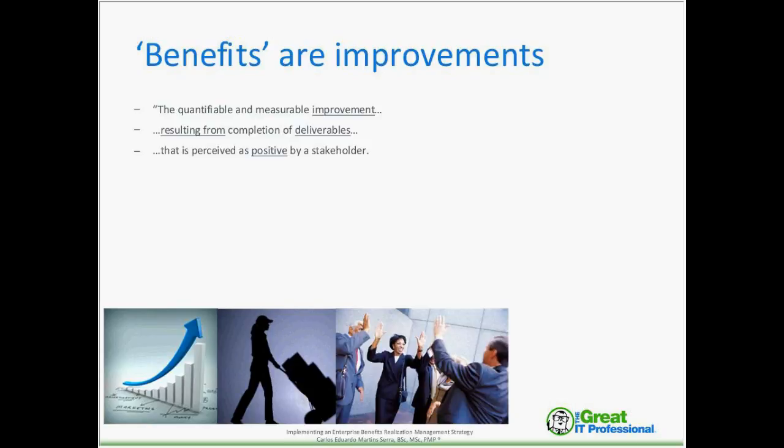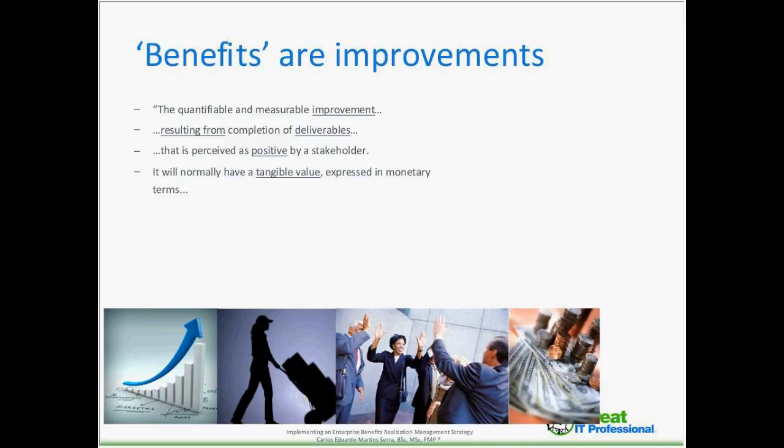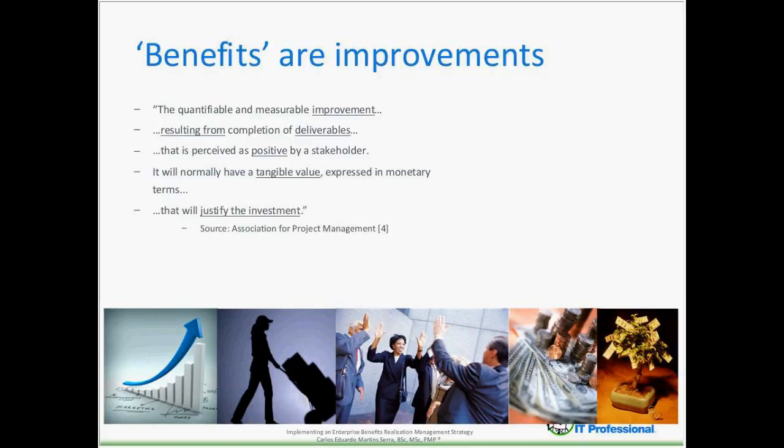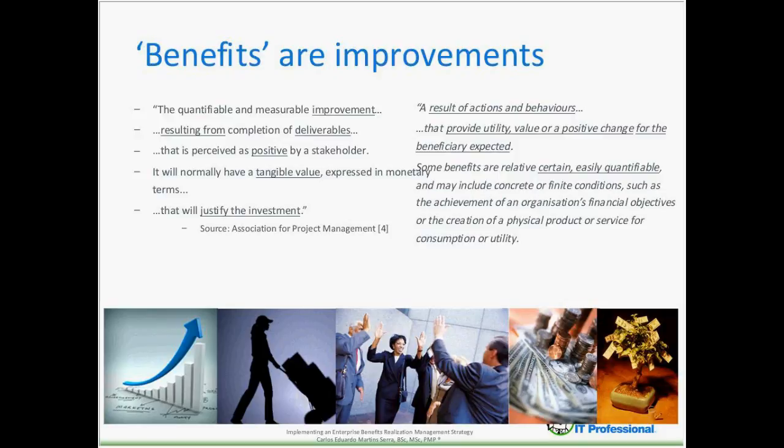In a very similar way, PMI, in its standard for program management, describes benefit as a result of actions and behaviors that provide utility, value, or a positive change to the intended recipient. Some benefits are relatively certain, easily quantifiable, and may include concrete or finite conditions, such as the achievement of an organization's financial objectives or the creation of a physical product or service for consumption or utility.